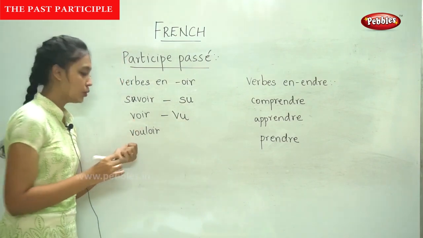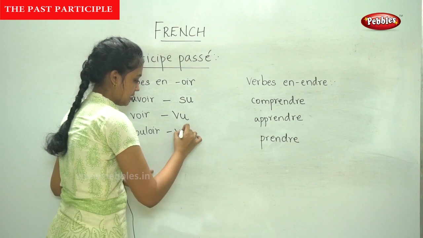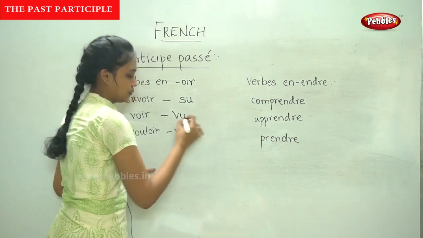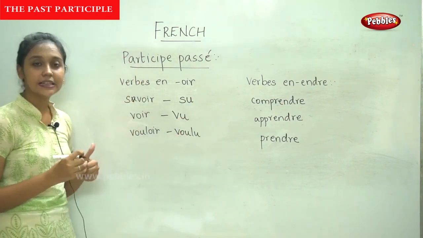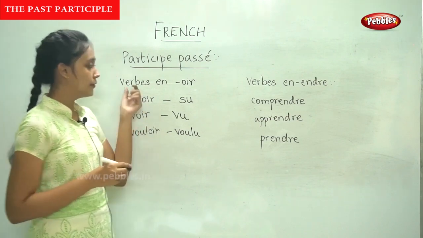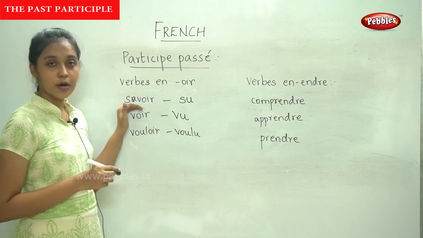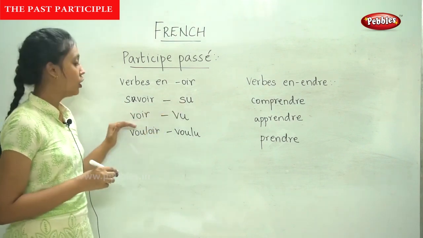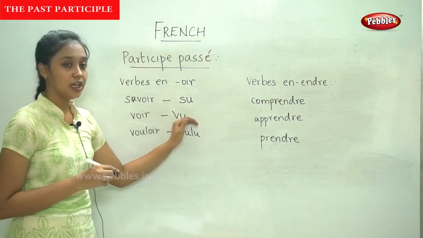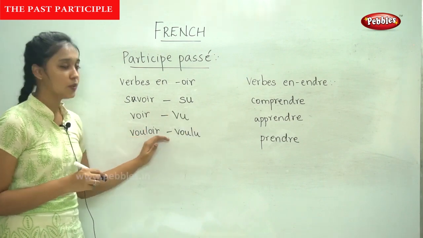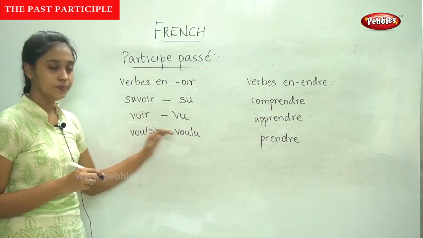And for vouloir, the past participle is voulu. So this is how we write the past participle of verbs ending in OIR. For savoir, it is SU. For voir, it is VU. For vouloir, it is voulu.